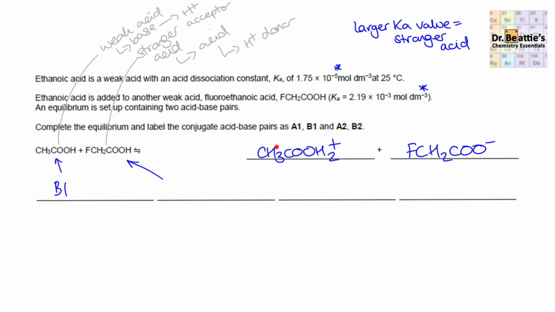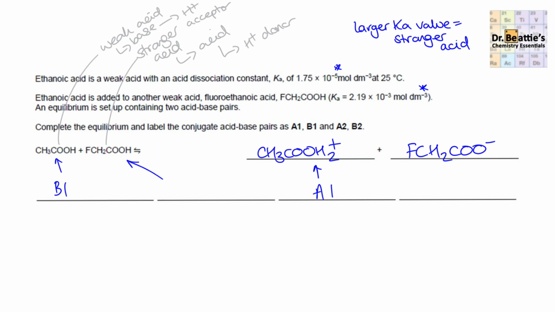So the conjugate pair must be this one here, has an extra hydrogen. And so this must be number 1 as well. And if this is a base, this one must be an acid. So we're going to put an A here. So those two are a pair. Now we can just check, because if we went from here back to its pair, it has donated a H+, and it has.